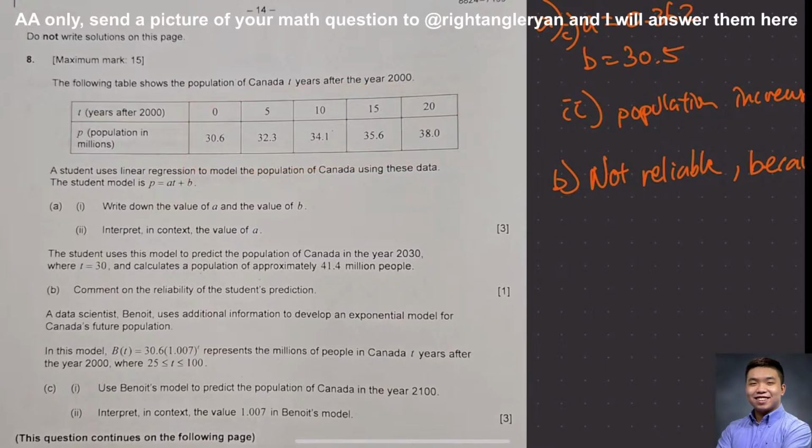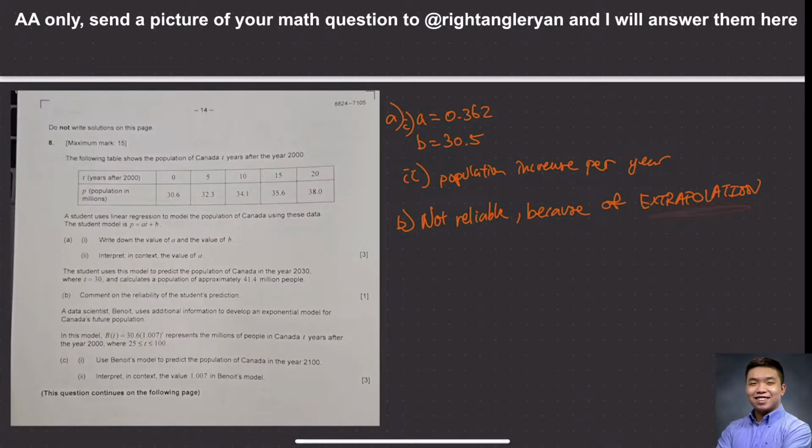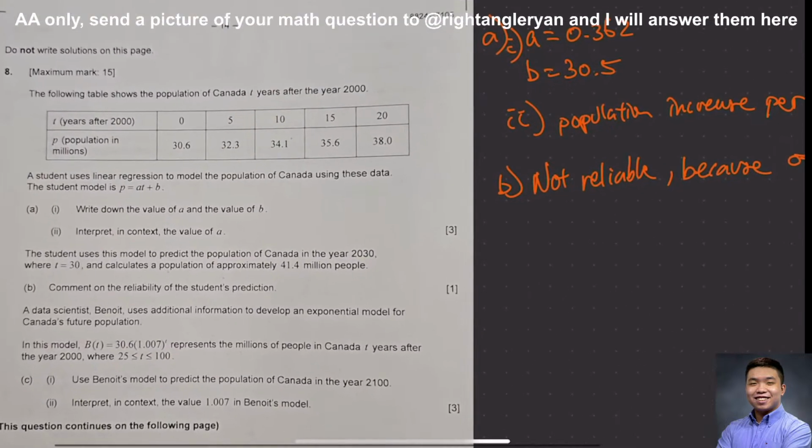For example, if I want to predict the population at t equals 1, or t equals 6, or t equals 13, then it is interpolation. So instead of extrapolation, we have interpolation if I'm predicting inside here, and that will be reliable. Now t is 30, which is outside the data set, so it's extrapolation, therefore not reliable.